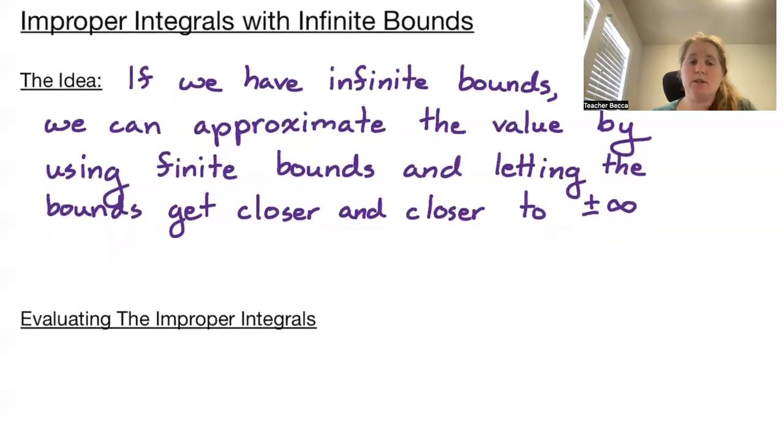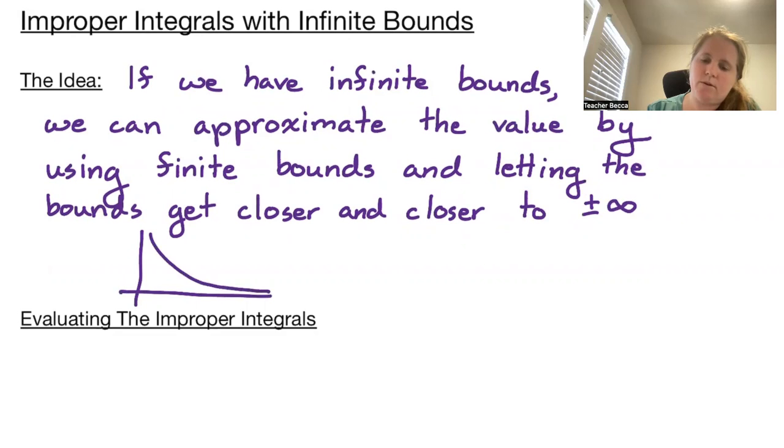So in terms of the picture, essentially, if we wanted to know, say, the area under the curve going off to infinity, we could pick a place to stop, take that definite integral, and then over time, just let that bound head towards infinity.